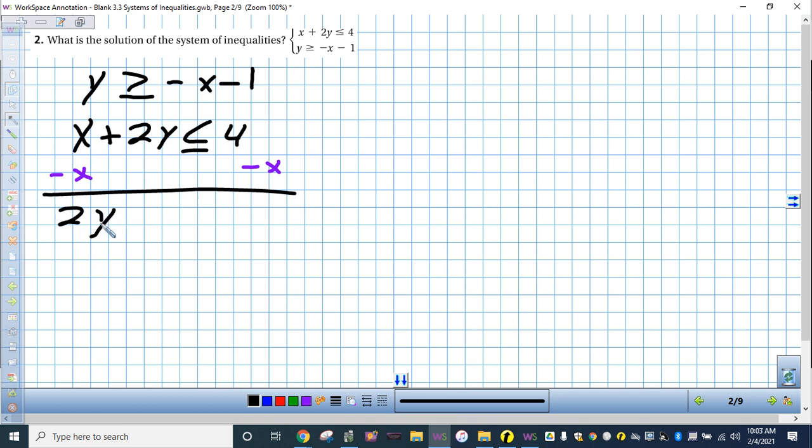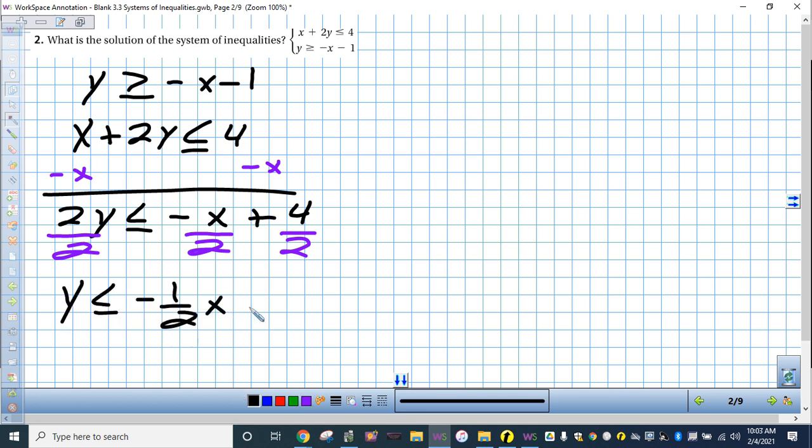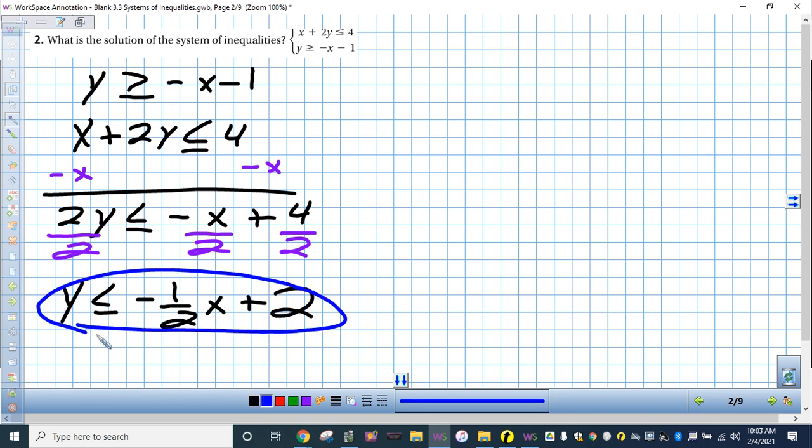So we get 2y less than or equal to -x + 4. And then we divide all three parts by 2. So we get y is less than or equal to -1/2 x + 2. That one we'll do in blue. The top one up here in purple.